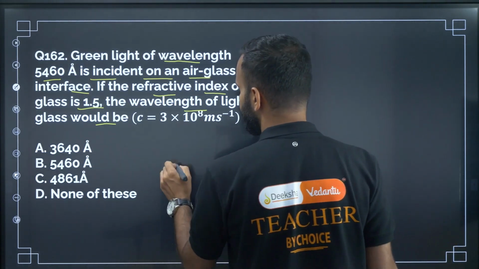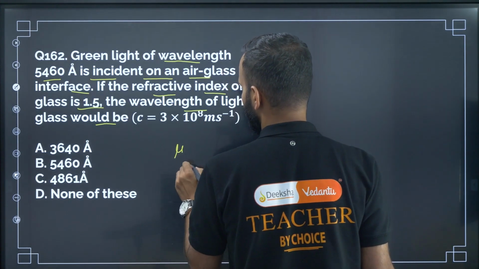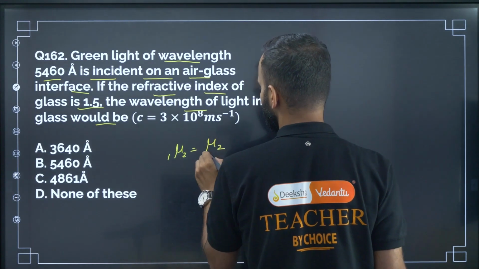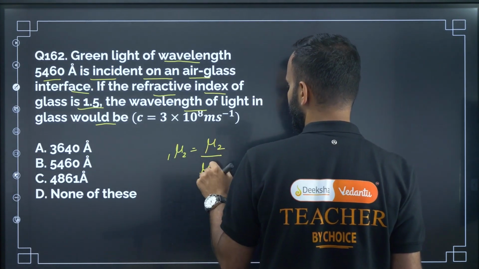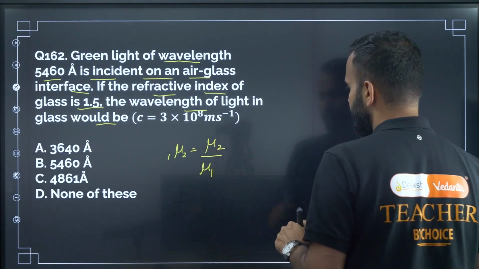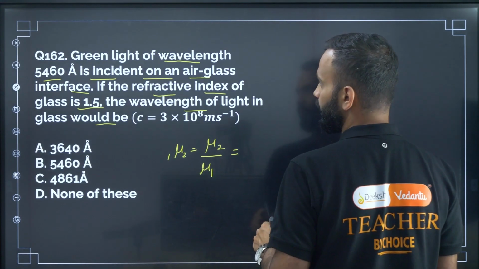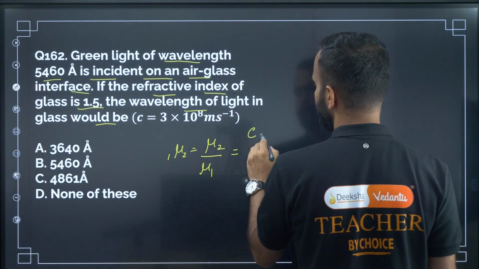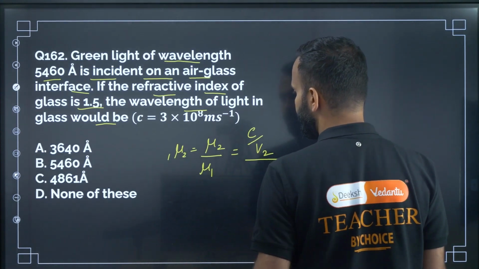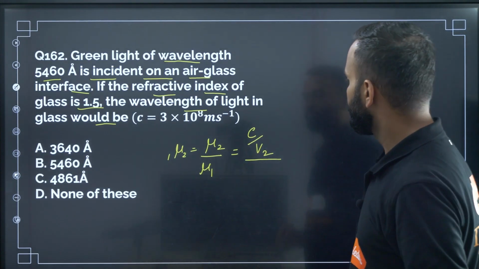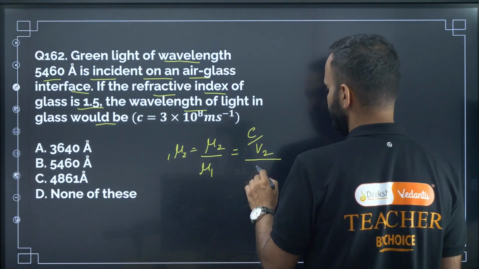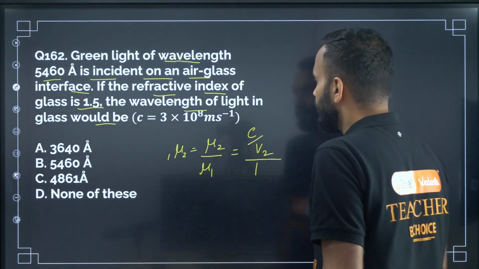We know that the refractive index of the second medium with respect to the first medium is equal to refractive index of the second medium divided by refractive index of the first medium. Refractive index of the second medium is C divided by V2. mu1 is the refractive index of air, which is 1 only.